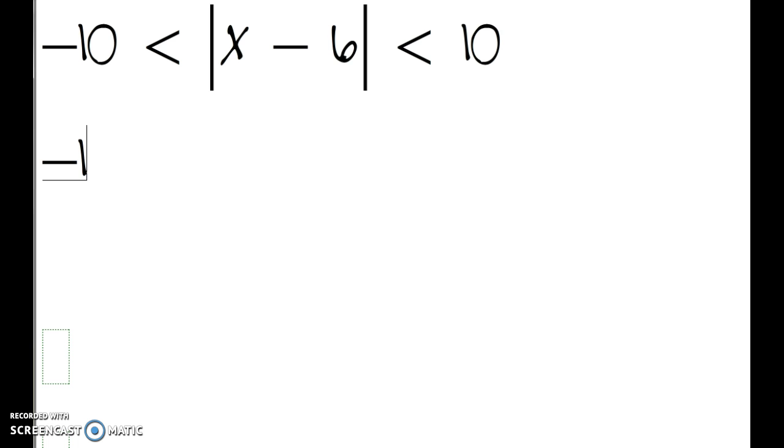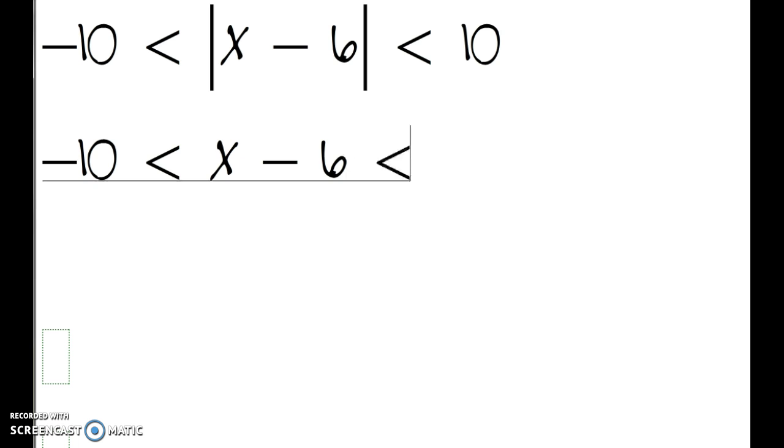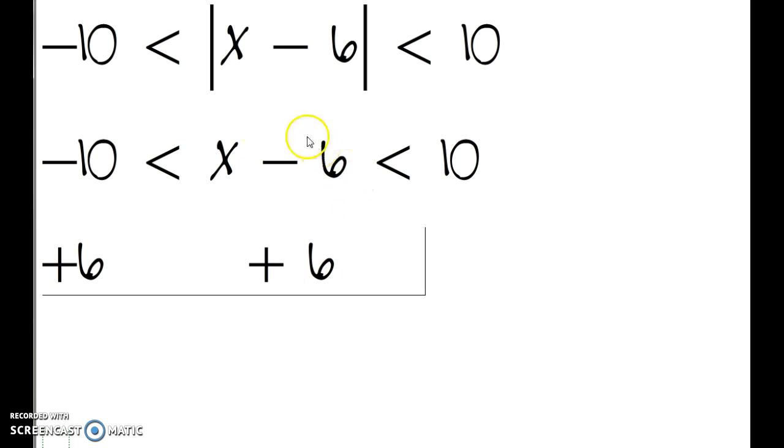We're going to rewrite the inequality without the absolute value bars. And we're going to solve for the 10 and the negative 10. We're going to add 6 to all parts of this inequality. So we'll add 6 here, in the middle to isolate the x, as well as over here where the 10 is.